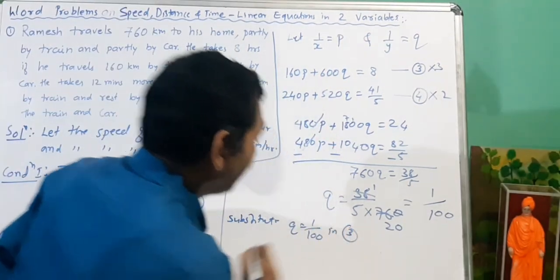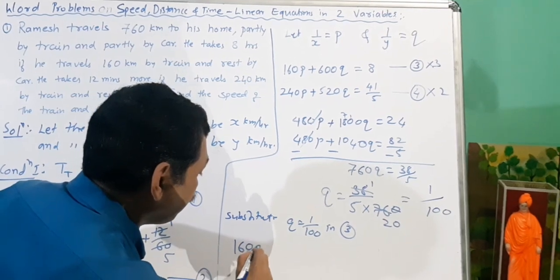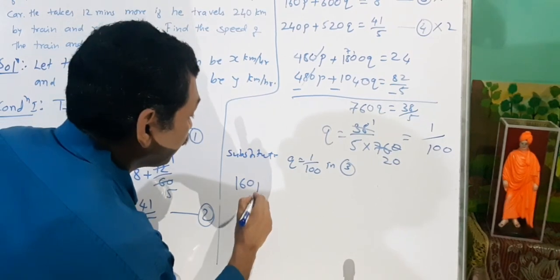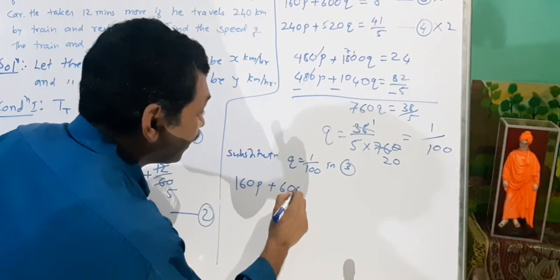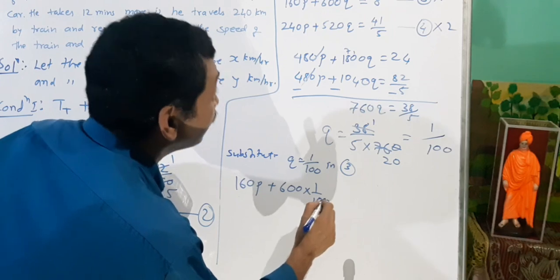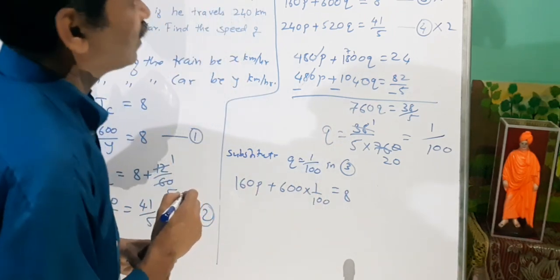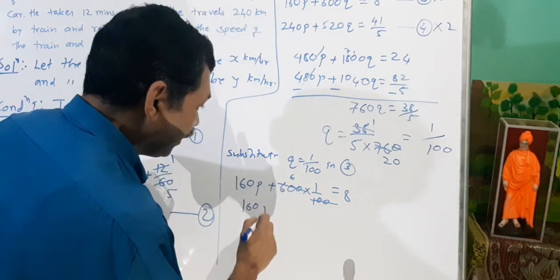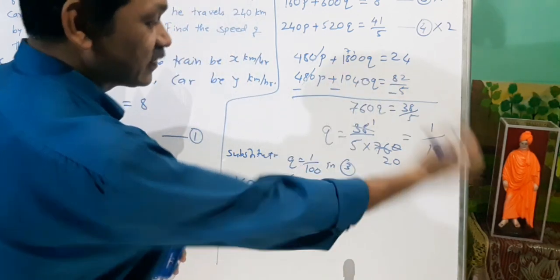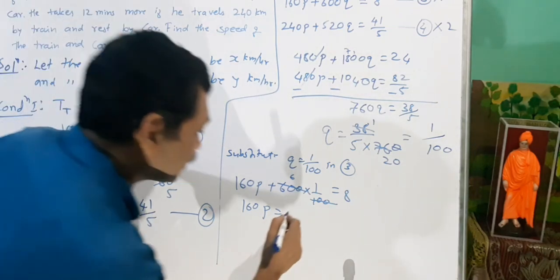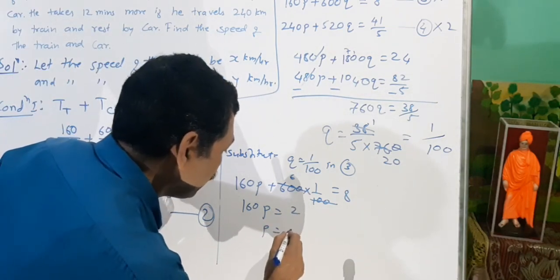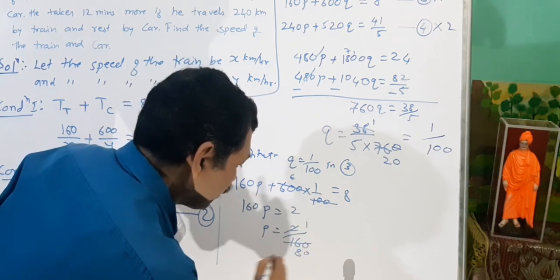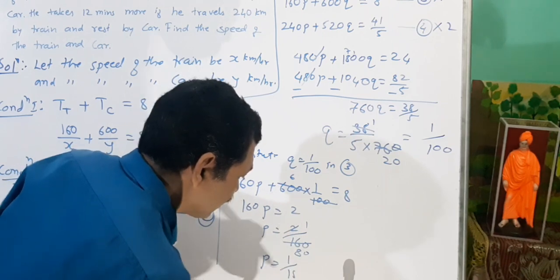In 3, we get 160p plus 600 into 1 upon 100 is equal to 8. 600 upon 100 is 6, so 160p is equal to 8 minus 6, this 6 goes to the other side as minus 6. 8 minus 6 is 2, and therefore p is equal to 2 upon 160, which is p equal to 1 upon 80.